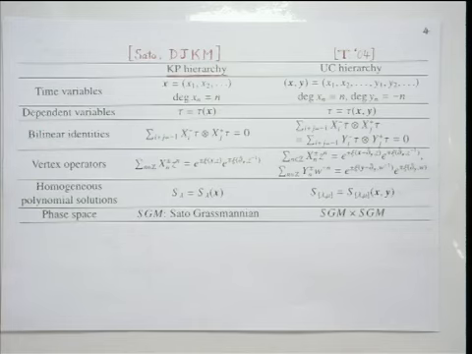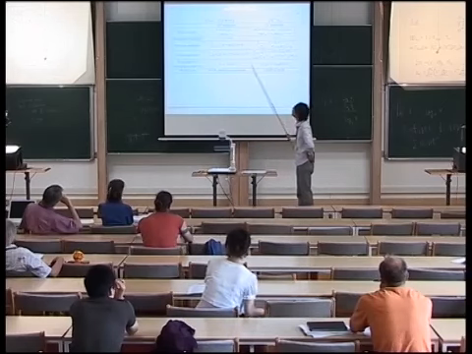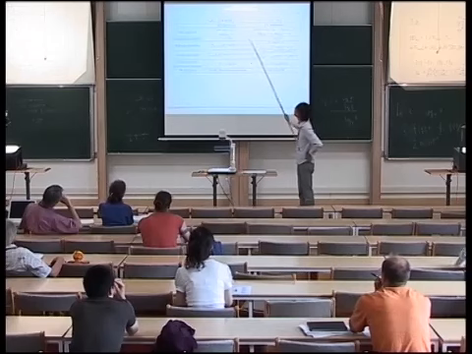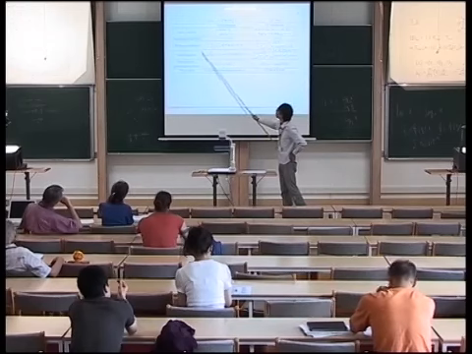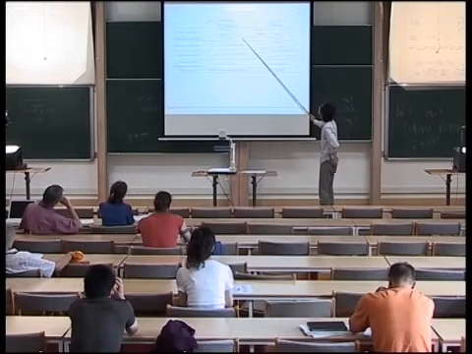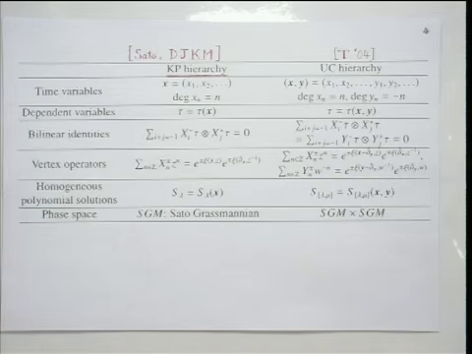But here, we will adopt an alternative definition of the KP hierarchy by using only one function, the tau function, and only one quadratic relation, which we call the bilinear identity. So here, the dependent variable of the KP hierarchy is tau equals tau of x, the so-called tau function.